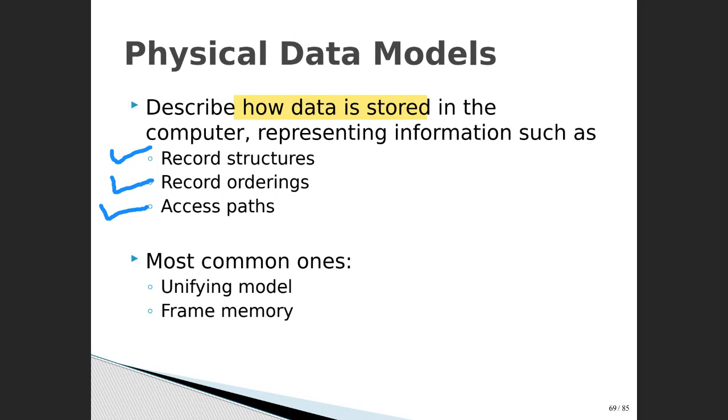All these things can be represented and described in the physical data model. There are two common types of physical data models: unifying model and frame memory. See, it has a link or connection with storage space. So let me write here: representing storage information.